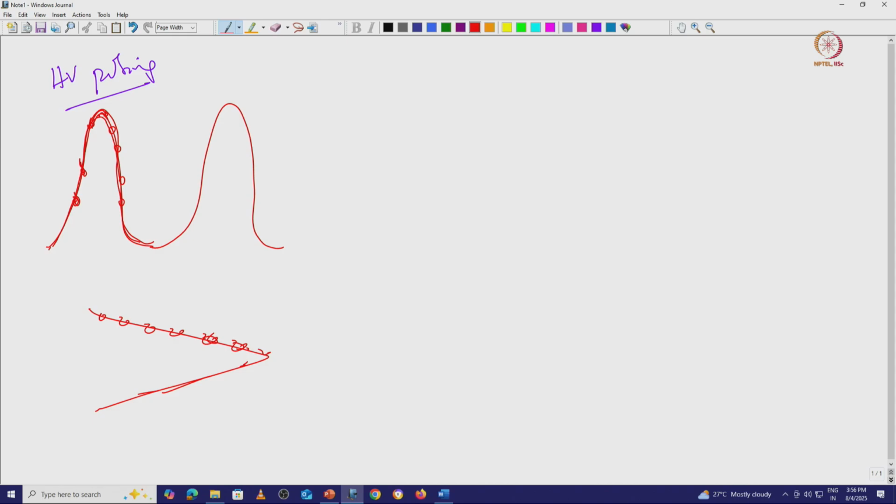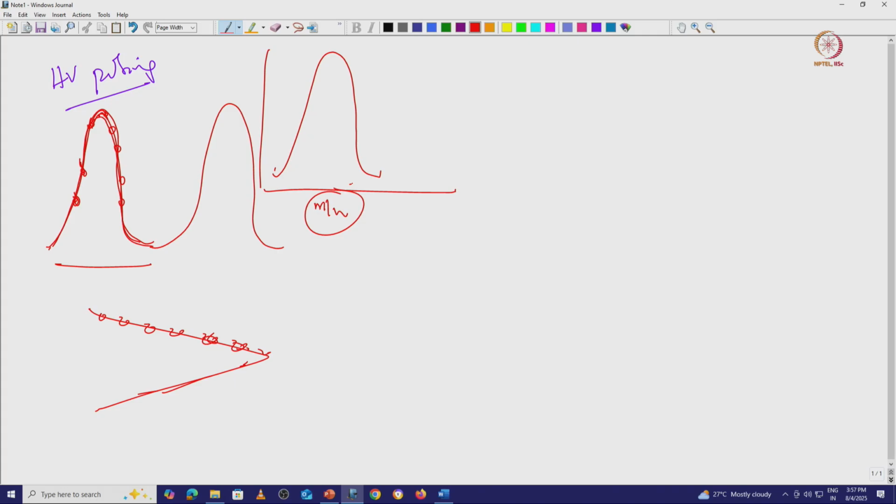Now this has a direct consequence. Because of this difference in polarization of the atoms at different locations of an HV pulse, there will be a broadening of the peak in your mass spectrum, of that particular mass to charge ratio.